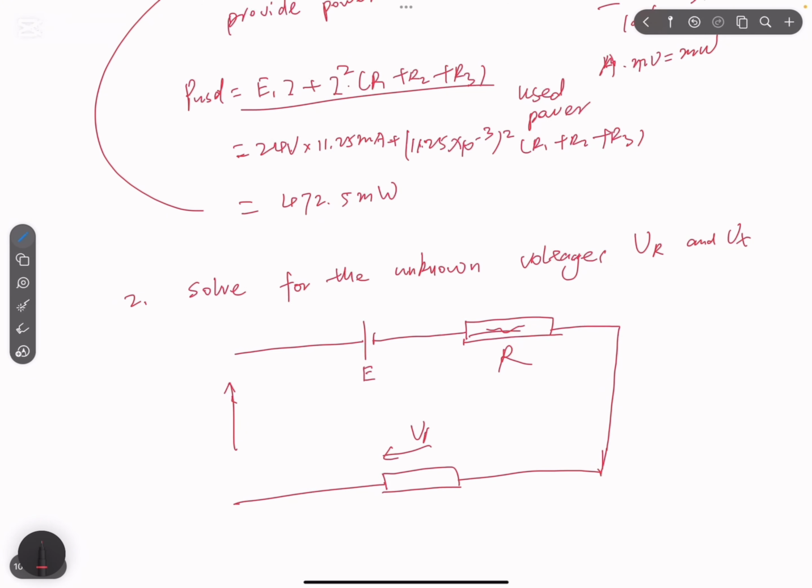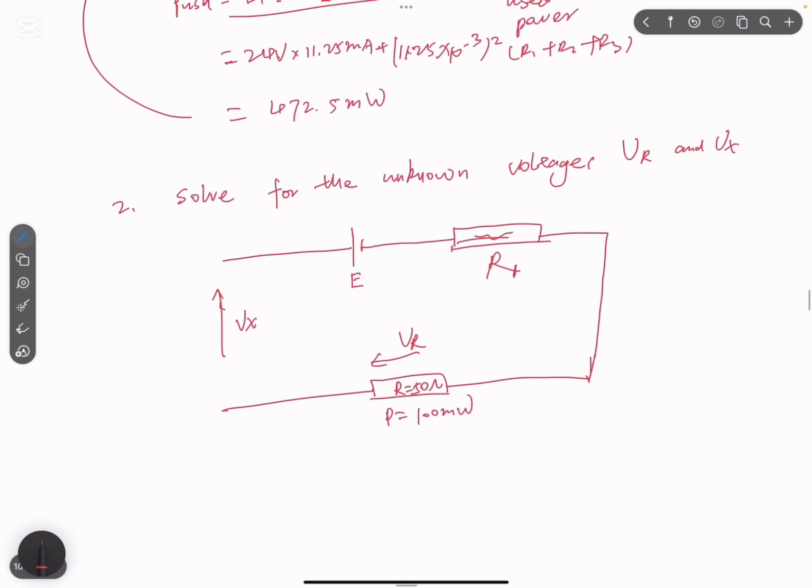This is VR, this is Vx, and we have R equal to 50 ohms and P equal to 100 milliwatts. And this is the current direction, I.